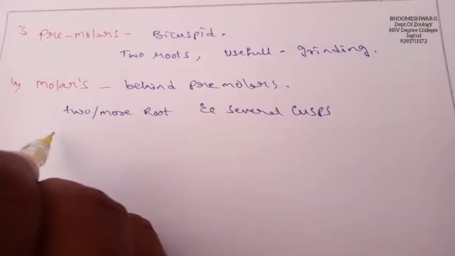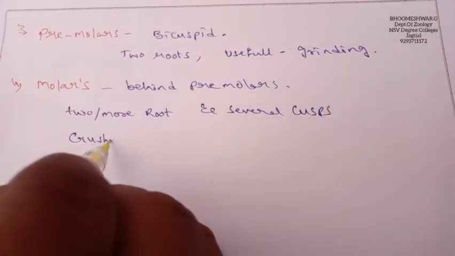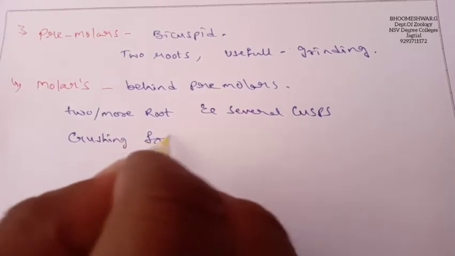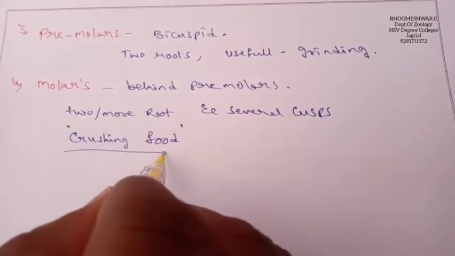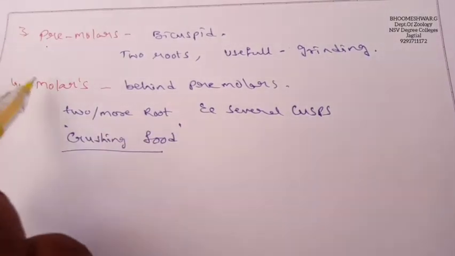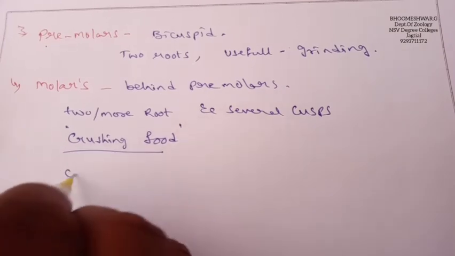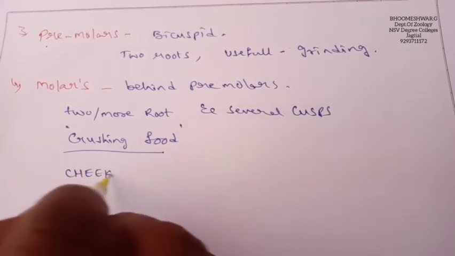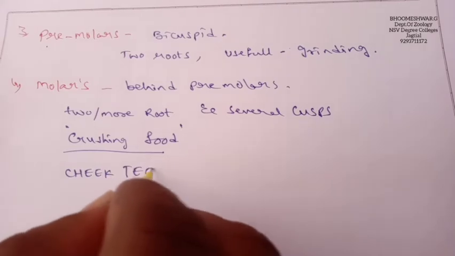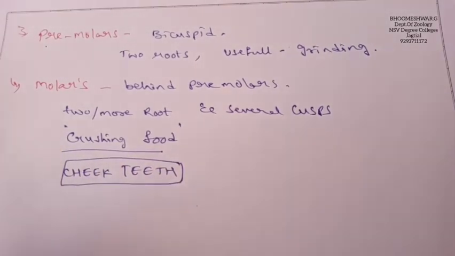These molars are mainly responsible for the crushing of food substances, which is one of the major functions of molars. These premolars and molars together are collectively called cheek teeth.